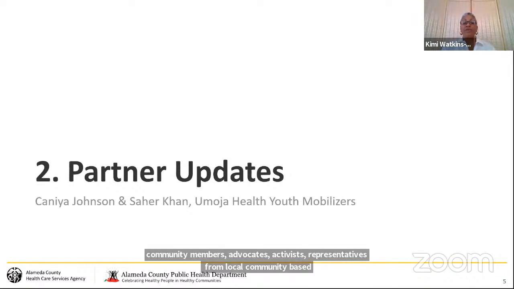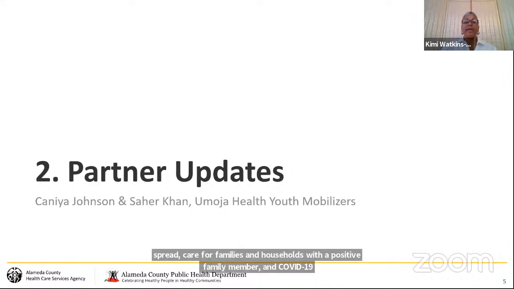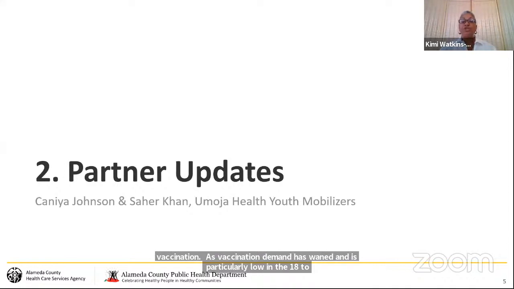Umoja Health provides COVID-19 testing, resources to mitigate the spread, care for families and households with a positive family member, and COVID-19 vaccination. As vaccination demand has waned and is particularly low in the 18 to 30-year-old population, Umoja Health launched a Youth Mobilizers crew to promote vaccine awareness and uptake in the 18 to 30-year-old resident group of Alameda County.